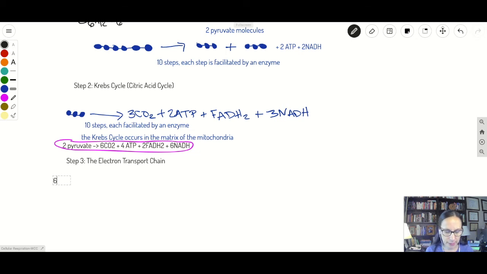Okay, so 6 ATP plus we have 6, 7, 8 NADH plus 2 FADH2. Okay. And then what's going to happen is we're going to make a lot of ATP. Okay, so lots of ATP is what's going to come out of the electron transport chain.